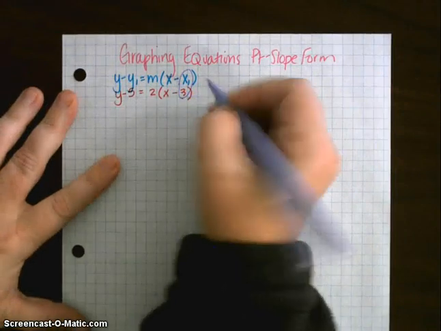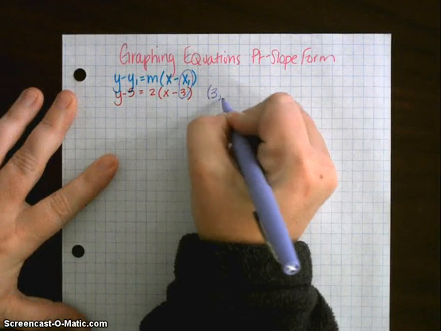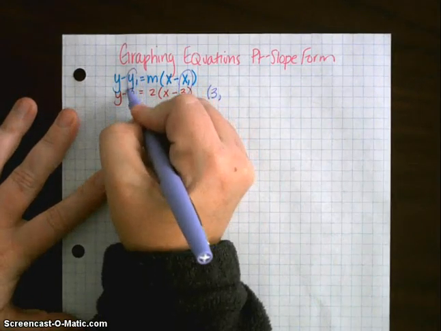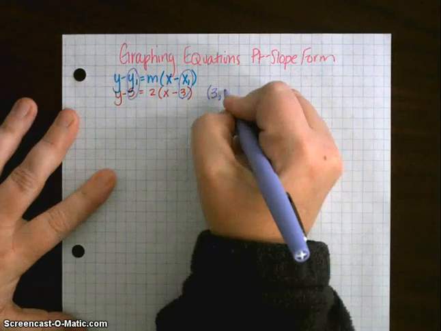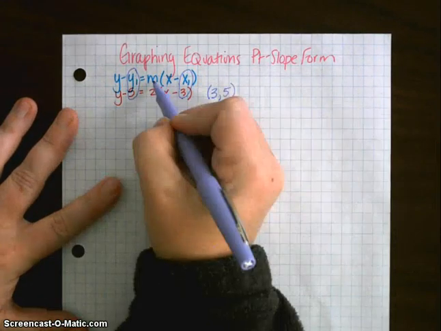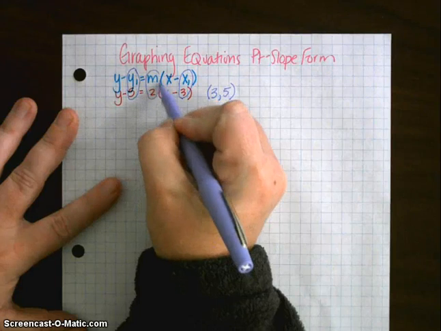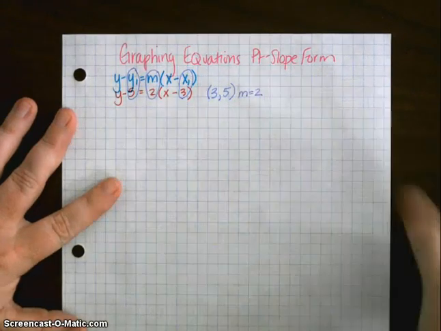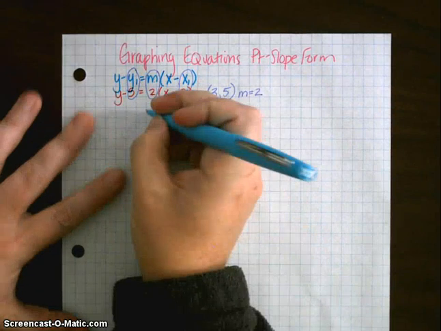So I'm going to use that point 3, comma, the y value is the y1 in this equation, which happens to be 5. So that's 3, comma, 5. That's my point. My slope is my m value, so my slope is 2. So m equals 2.